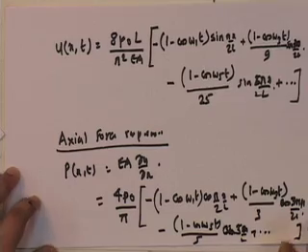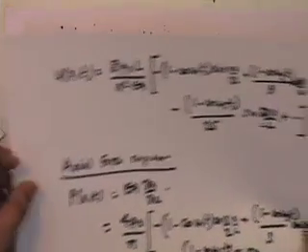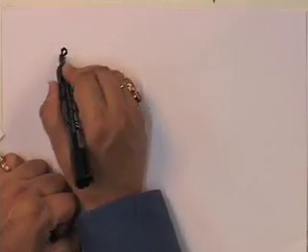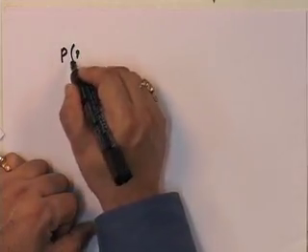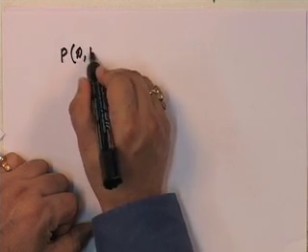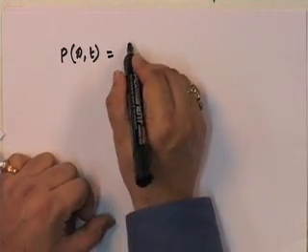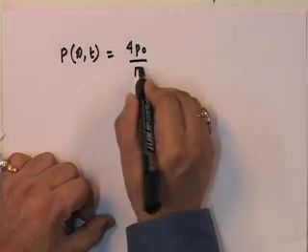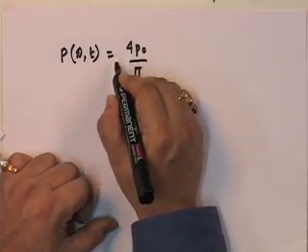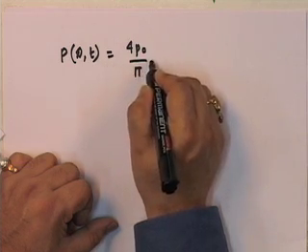Now, note that suppose I want to find out the axial force at 0. What do I get? Well, this cosine pi x upon 2L becomes 1, and cosine 3 pi x upon 2L becomes minus 1. So, what you get is P at 0, t is equal to 4 P naught upon pi, and the whole thing becomes minus.